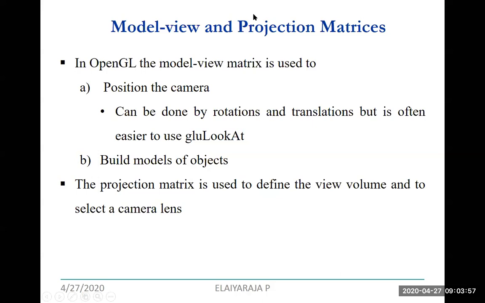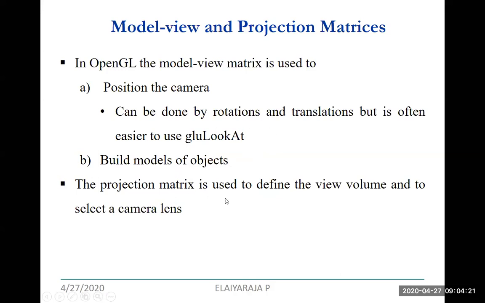Second, the reference point of X comma Y comma Z. Third, the up vector X comma Y comma Z. Then using that you are going to build the model of the object.